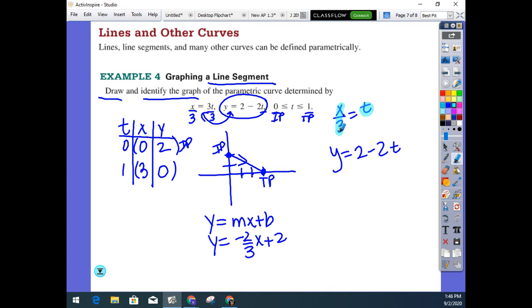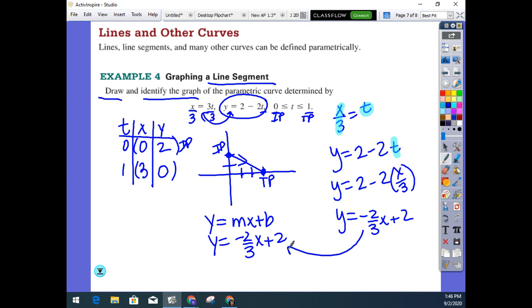Well, if t equals x over 3, I can just substitute x over 3 in place of t. And if I simplify that, negative 2 times x over 3 is just negative 2/3 x plus 2. If I write that in the same order, same exact equation.